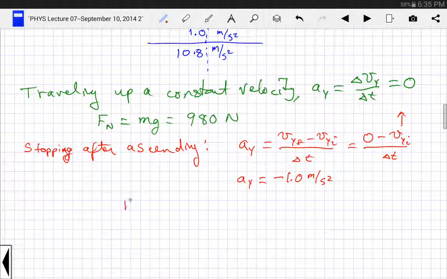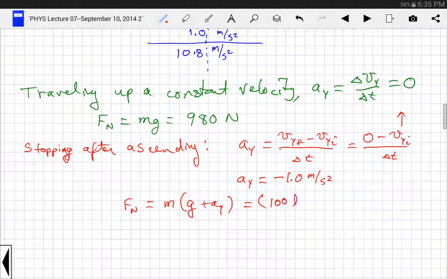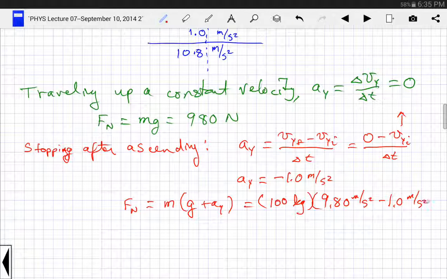So the force normal acting on the person in the elevator in this case, mass times g plus ay, is equal to 100 kilograms times 9.80 meters per second squared minus 1.0 meters per second squared. Now notice here, this is only 2 sig figs.